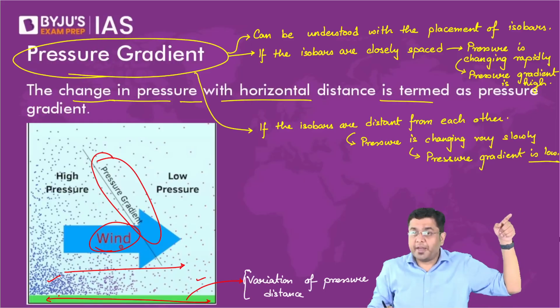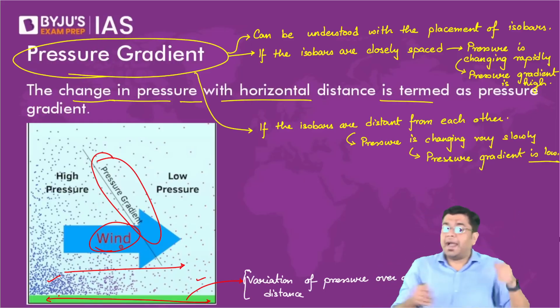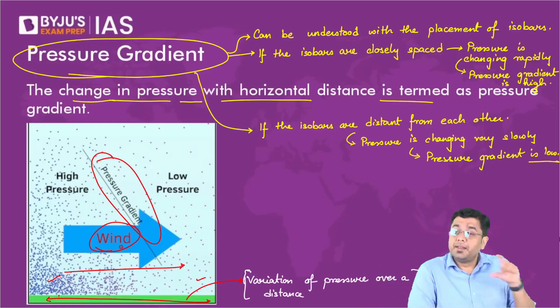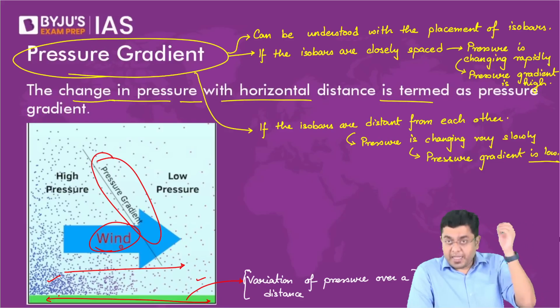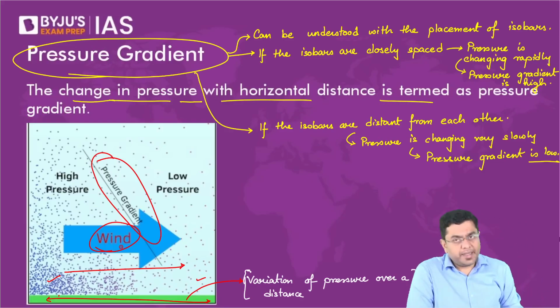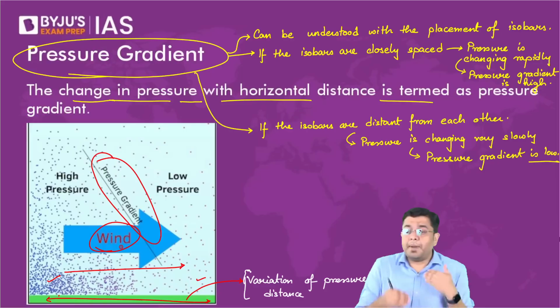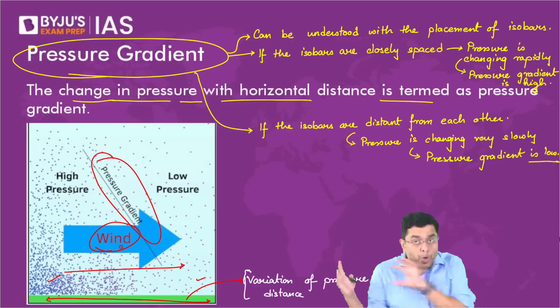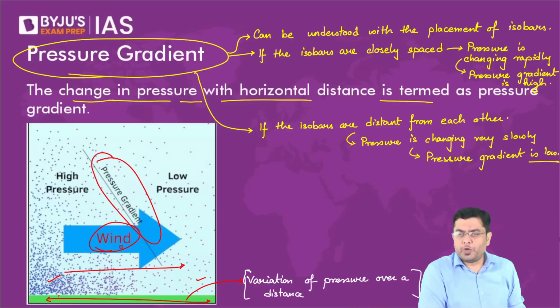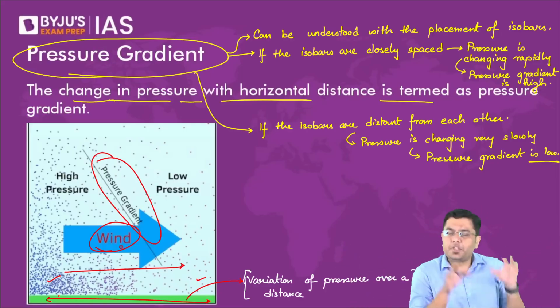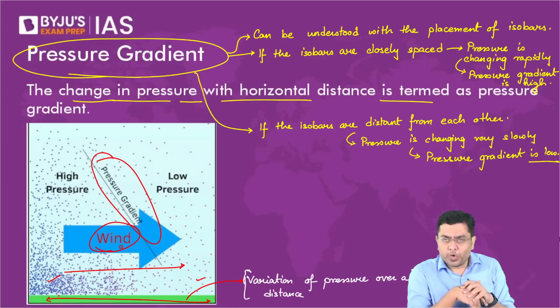If the difference between high and low pressure is very high, the gradient is very large. If the difference is smaller, the gradient is less. So the greater the pressure gradient, the more particles will move towards the low pressure, and hence the stronger will be the wind motion.